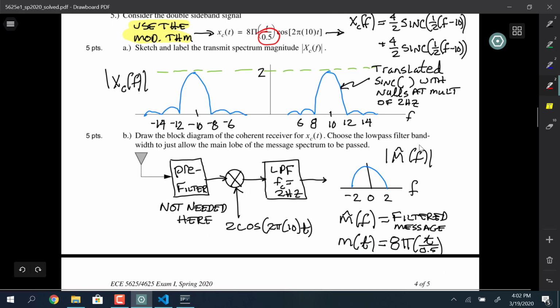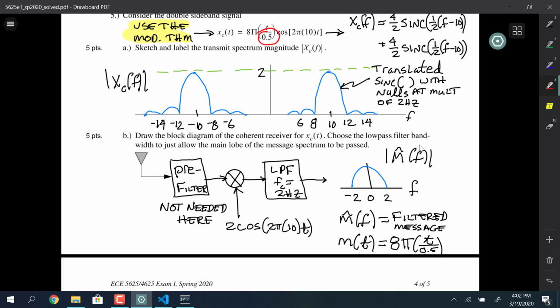And if you wanted to think of this as double sideband modulation, which is what the intent was in the problem, the first thing you do is perhaps pre-filter. In this case, showing a pre-filter wasn't part of the requirement, but I just drew it in there. In a real communication system, the pre-filter would limit the noise that gets into the front end.